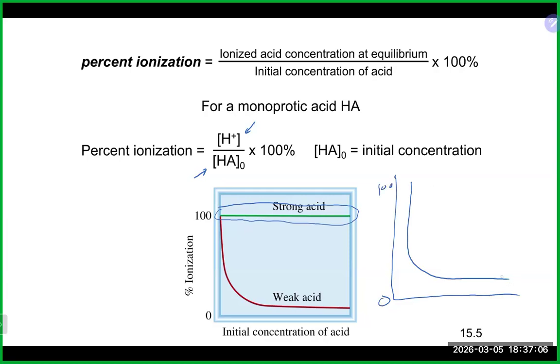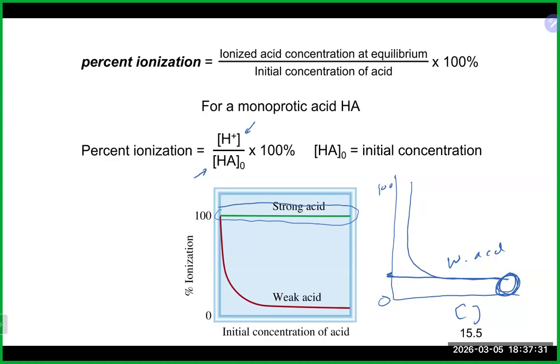So what we see is with our weak acid, as the concentration increases, the percent ionization is relatively low. And that's why your assumptions work in that case. Again, when you have a larger starting concentration, if you lose a little, it's not that big of a deal compared to what you started with.